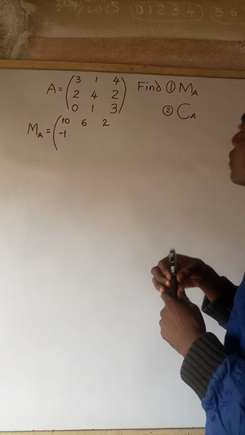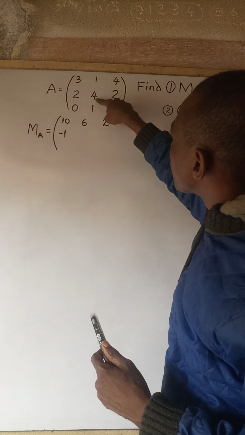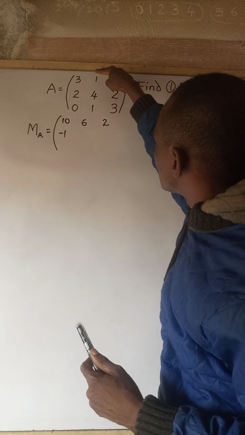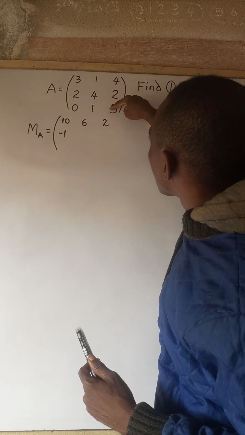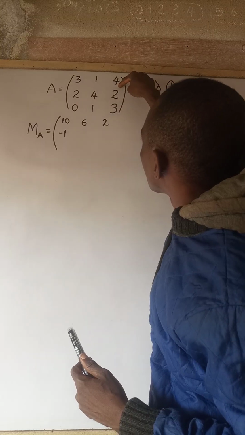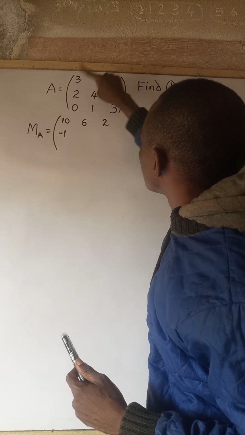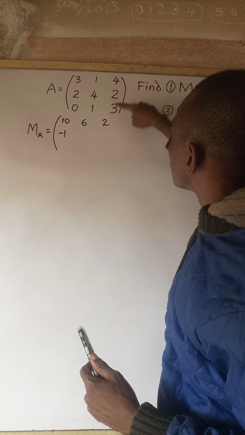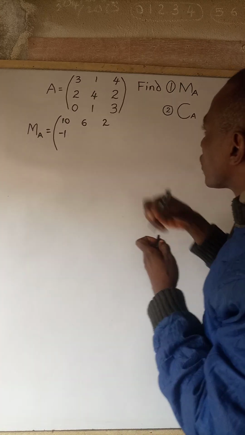Have you seen it now? We move to the fifth one, meaning that I will delete the row and the column. When I do, we will have this, which is 3 times 3 is 9. 0 times 4 is 0. So when I subtract, it will give me 9.